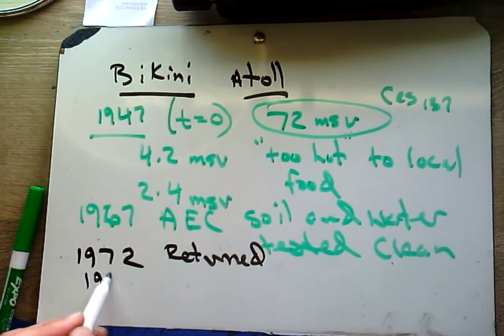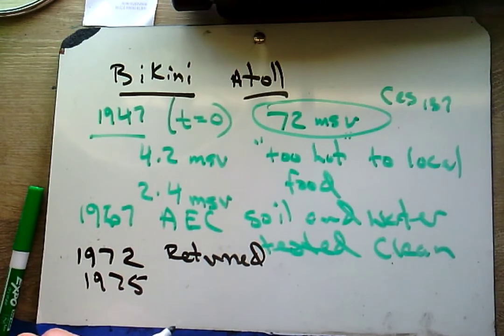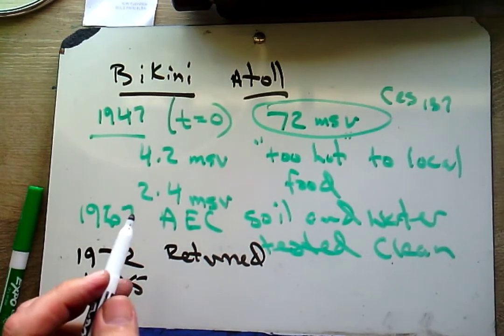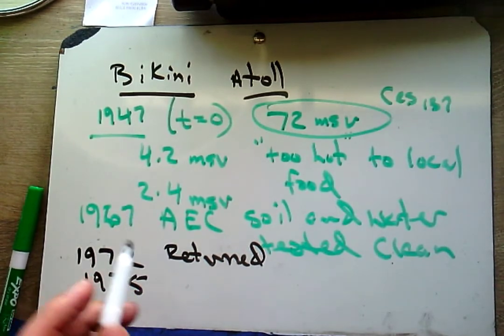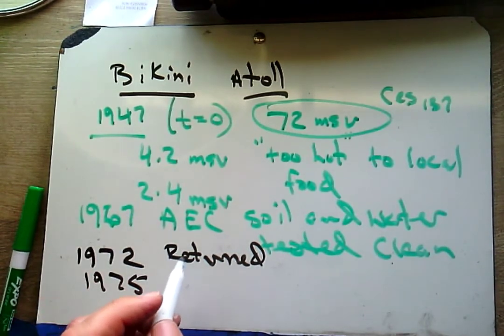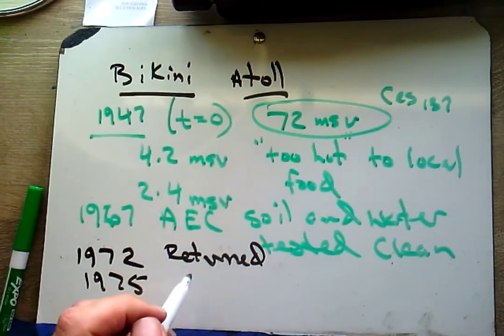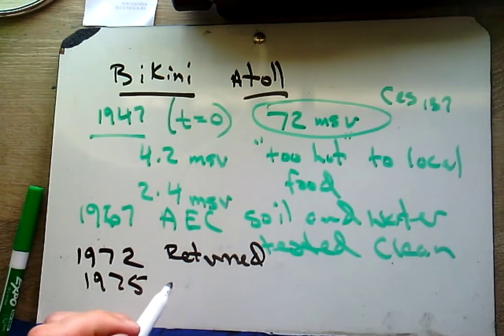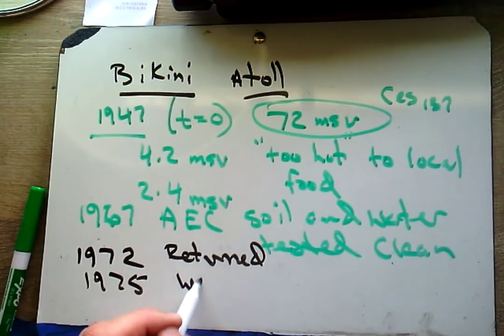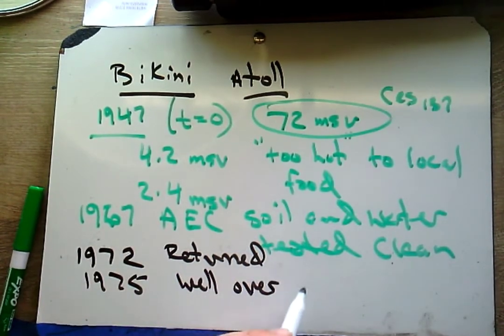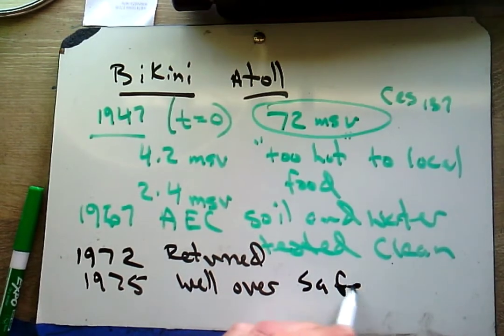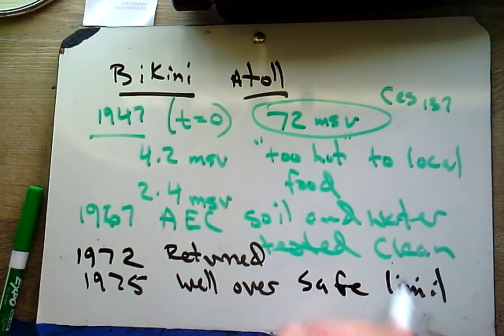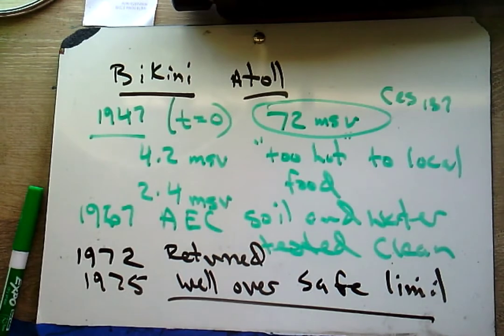By 1975, it turns out that there were an awful lot of people who were getting cancer on Bikini Atoll. And when this was investigated, it was determined, in fact, that both the fresh water that they tested and the coconuts that they tested were well over the safe limit. And isn't that really awkward?